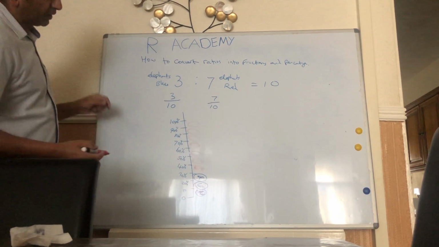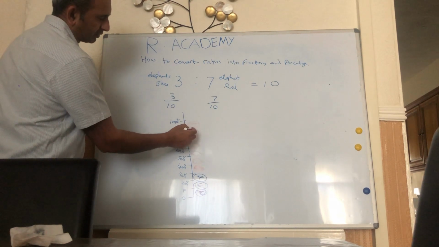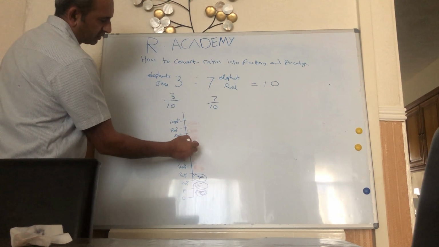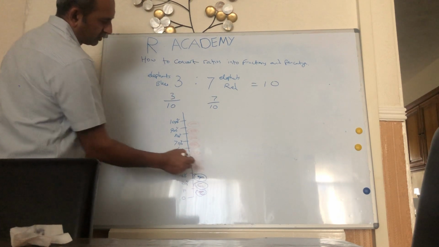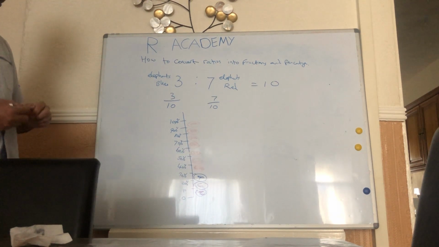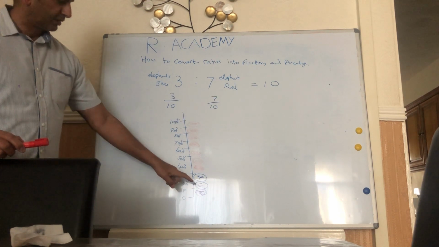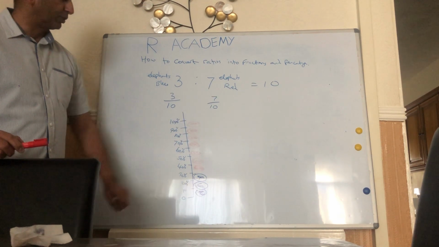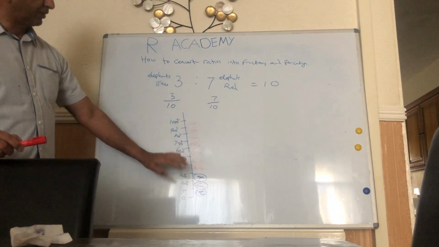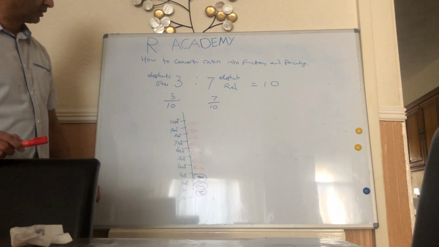Okay, so I hope you can see that. You've got 1, 2, 3, 4, 5, 6, 7, and 1, 2, 3 blue. So 7 red, 3 blue, exactly what it says.